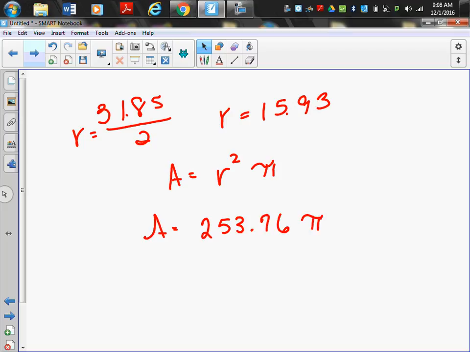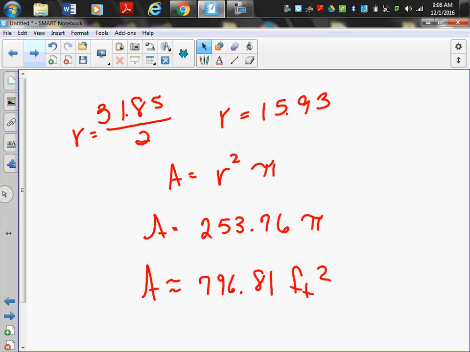Times pi, and pi is approximately what? Times 3.14. So my area is approximately 796.81 feet squared.